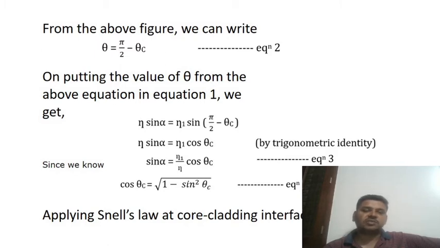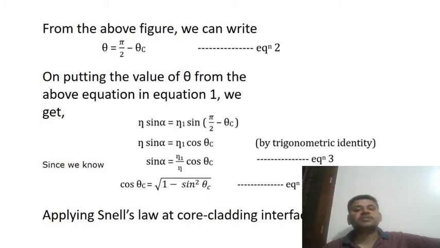We can rewrite cos theta c as the square root of 1 minus sin square theta c.